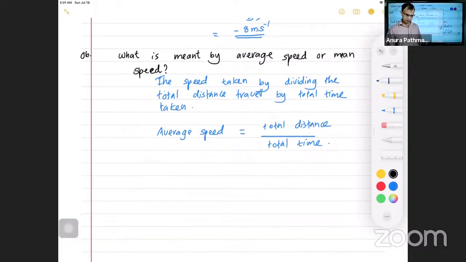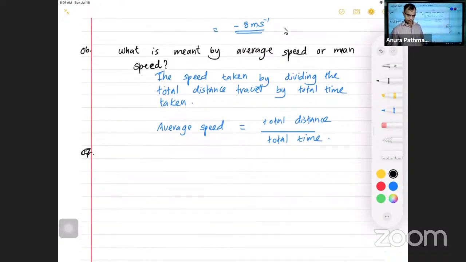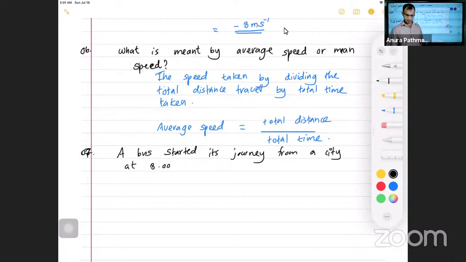Example. 7th question. A bus started its journey from a city at 8 a.m. and traveled 20 kilometers.